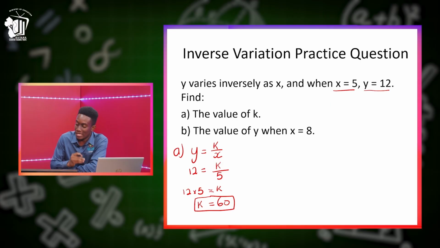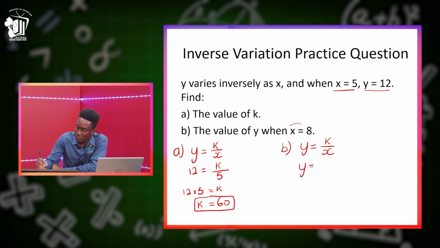So now we can use that to answer the second question, which says the value of y when x is equal to 8. So first of all, to work out B, we put down the equation y is equal to k over x, and we put in the values that we know. So we know y is what we want to find.